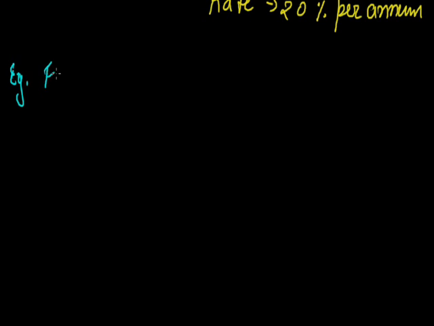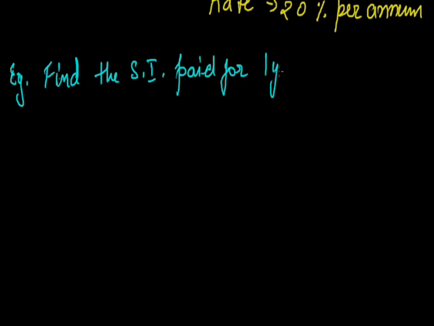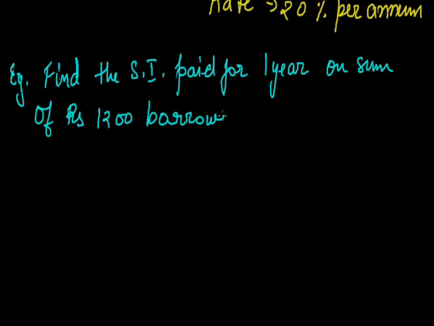We have to find the simple interest, that is the SI, paid for 1 year on a sum of rupees 1200 borrowed at 15% per year.